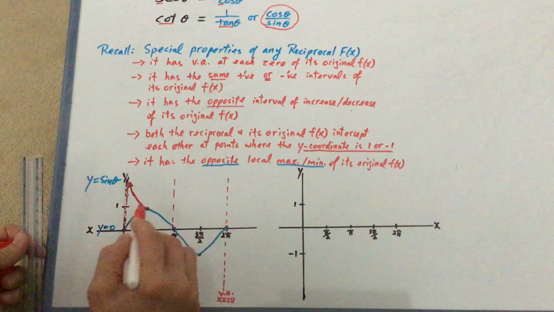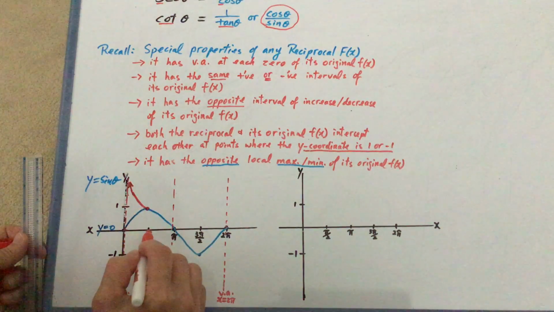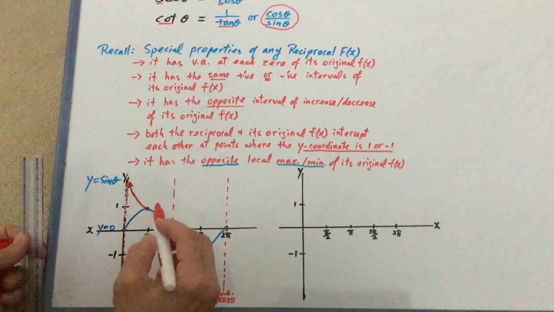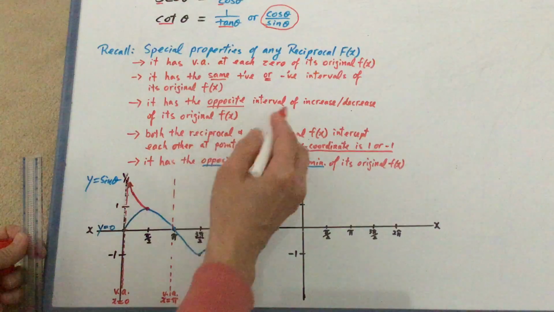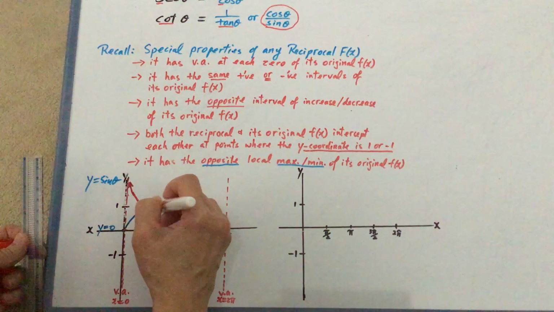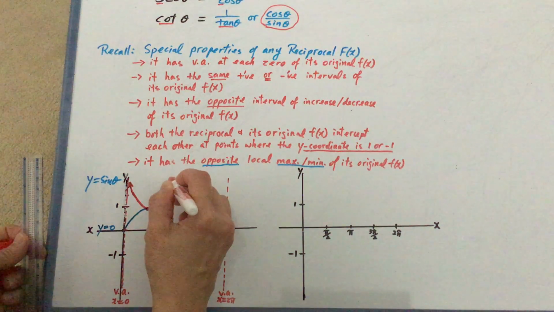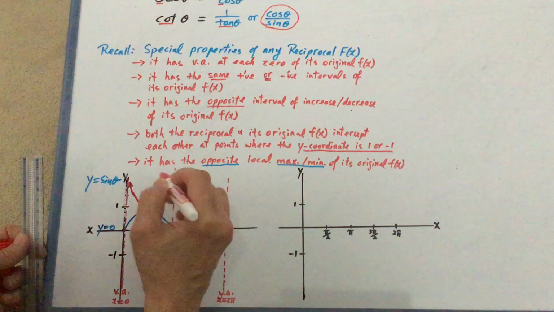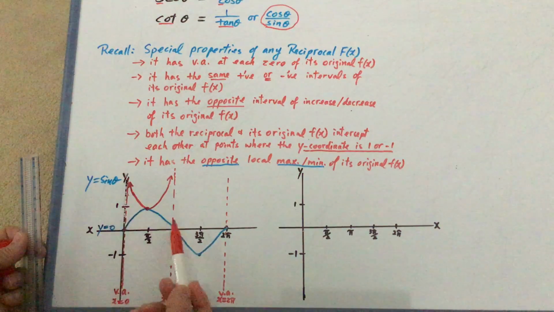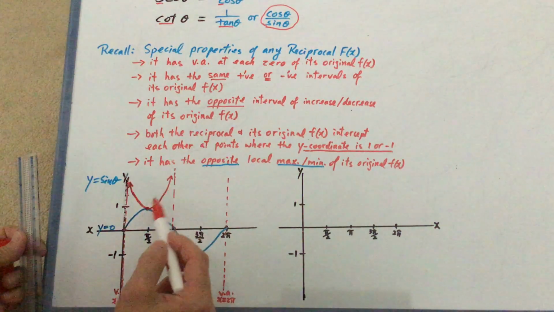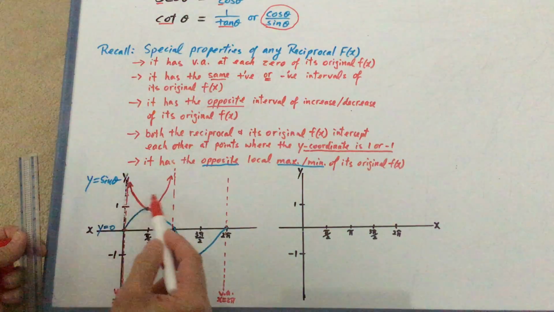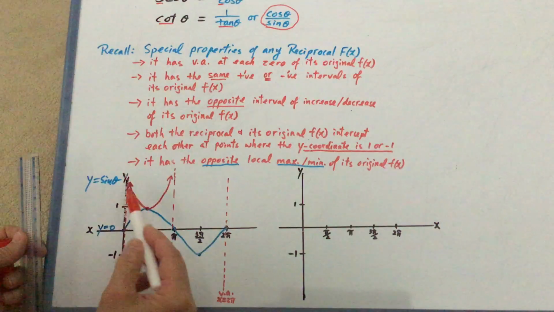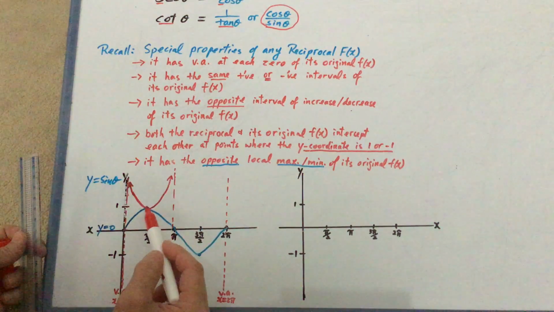For the second part, from 90 to 180, the original has an interval of decrease, so I need the opposite: I need to go back up with an interval of increase, and keep approaching the vertical asymptote. So the first part of the reciprocal is going to look like this. The red line will represent the reciprocal functions.